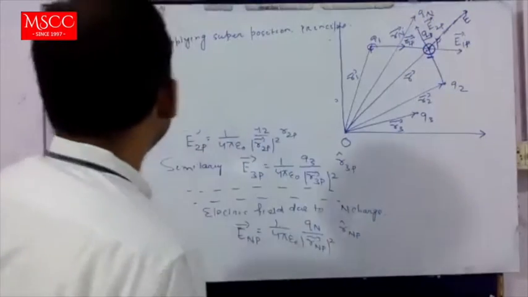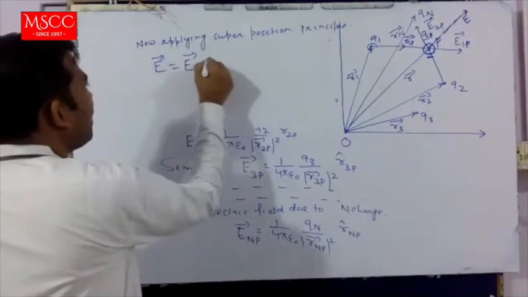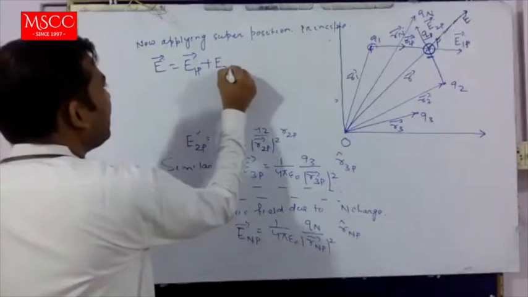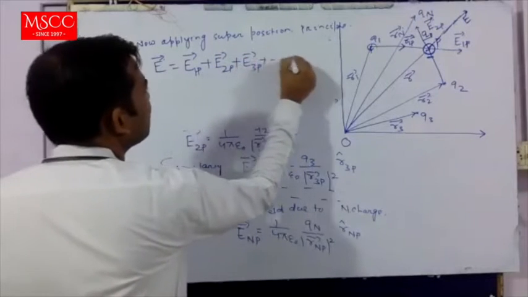That is E equals E1P plus E2P plus E3P plus and so on.